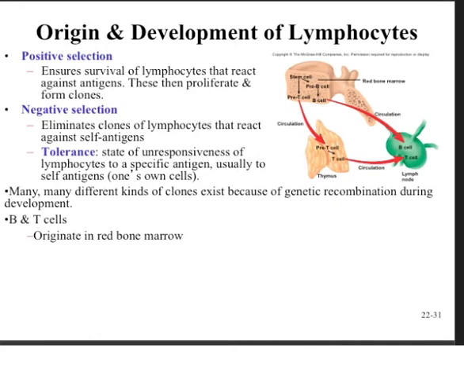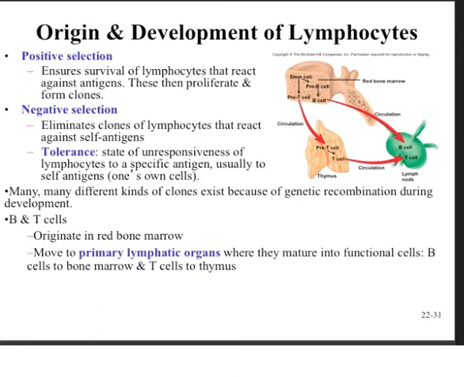The B and T cells originate in the red marrow and move to primary lymphatic organs where they mature into functional cells. The B cells move to the bone marrow and the T cells move to the thymus. And as you can see, those designations, B and T, are essentially the locations where they become immunocompetent.